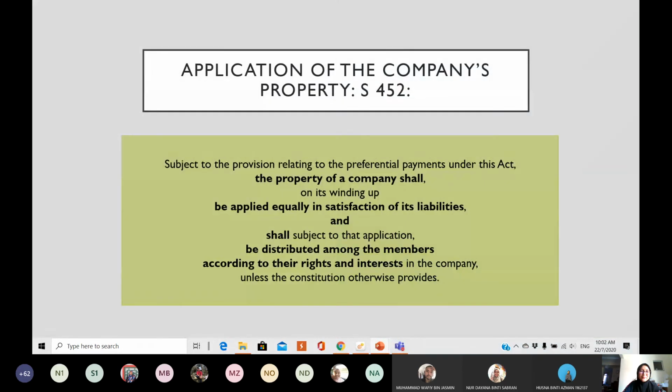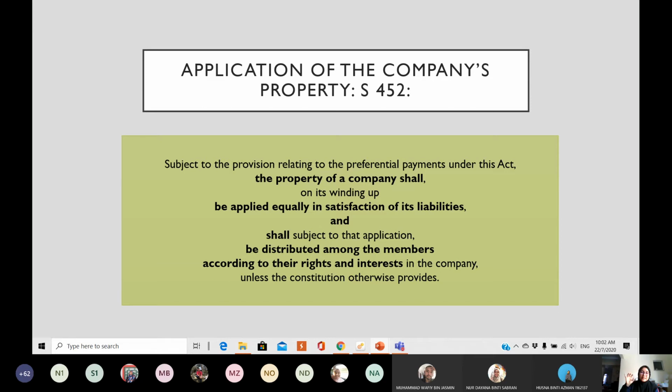Okay, so yang tadi section 452, basic idea is that the payment of the debt shall be made according to the law, that is it will be applied equally in satisfaction of its liability. So maksudnya hutang tu kena bayar lah.